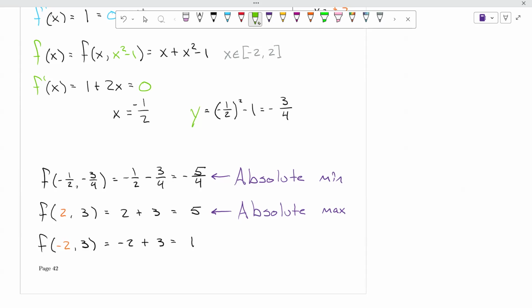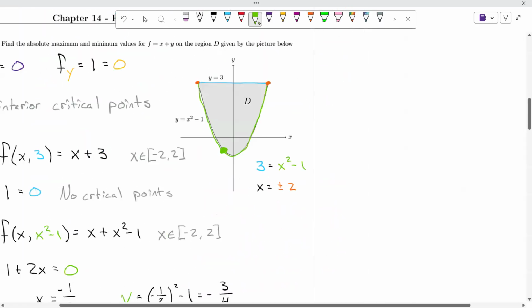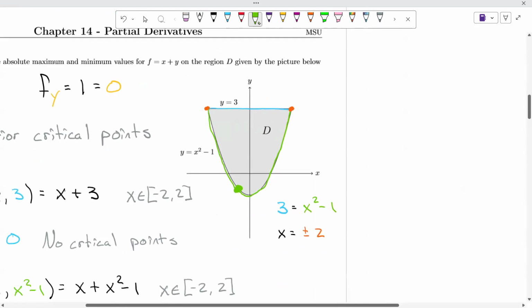But I also have to make sure to test all of my boundary points. In this case, both of my boundary curves were bounded by x being between -2 and 2. I can even see that they're still on the screen. X must be between -2 and 2. But coming back up to the curve, I can see those 2 points of intersection where my 2 boundary curves meet. So I have to check those points.